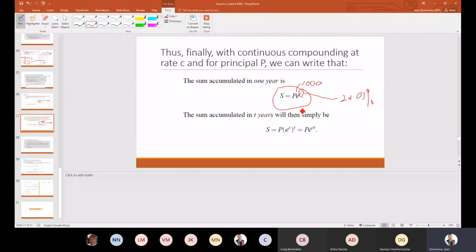And with continuous compounding, you will see that you can also bring in the t. So just remember where that is in the period. If I tell you the period was 1, it's fine, we just use it as is there. But if I add a period, then remember you need to first do the 24.07 times the period, and then you work with the rest of the formula.